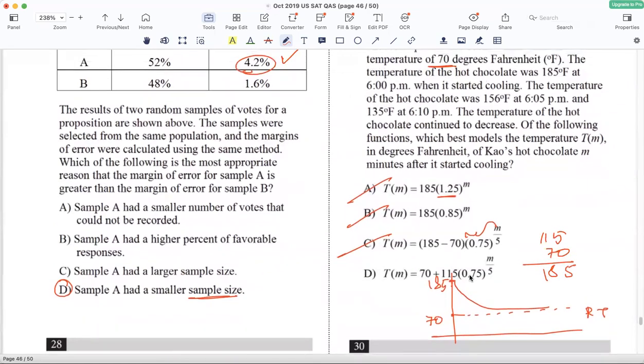And let's also try for m is equal to 5 minutes. So when m is 5, this part becomes 0.75. 115 multiplied by 0.75 is, let's plug that in, 86.25, and 86.25 plus 70 is about 156. Yeah, so we get the right answer. It's option D.